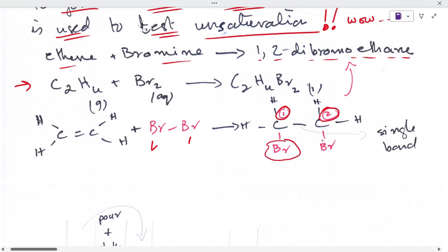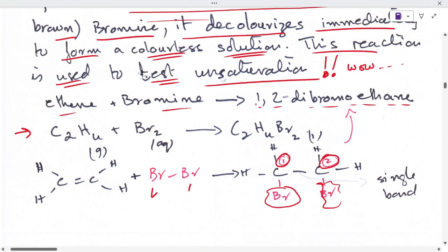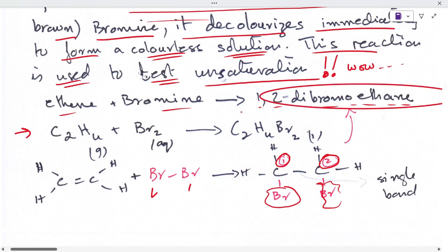So we have to identify the position of the bromine atom. Therefore we write 1 with a comma 2 and then dibromoethane. So these are the specific ways to write down the formulas.